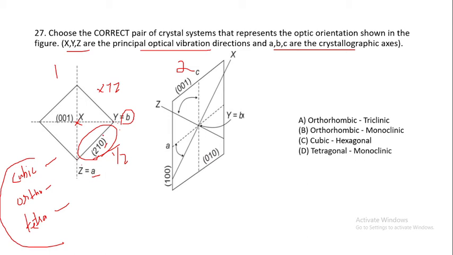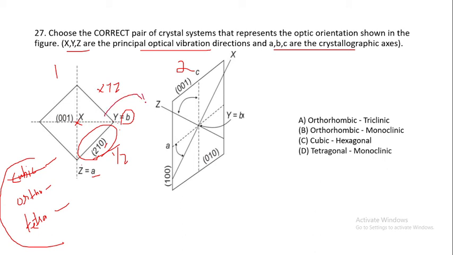By knowing this, we can cancel cubic as well as tetragonal. So we can eliminate those two. Now we have inferred about the A axis and C axis.